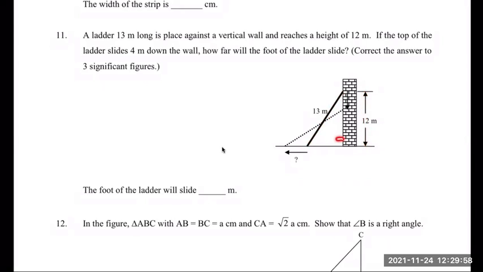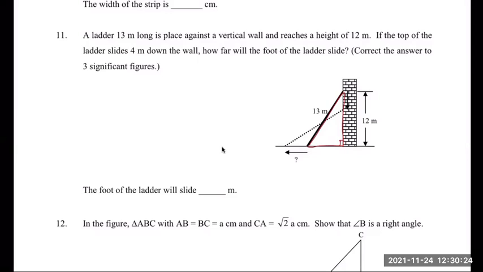And because this is definitely a triangle, this is definitely a right angle, we know that we need to use the Pythagorean theorem, right? Because the ladder, the wall, and the floor, these three sides actually formed a right triangle, right?